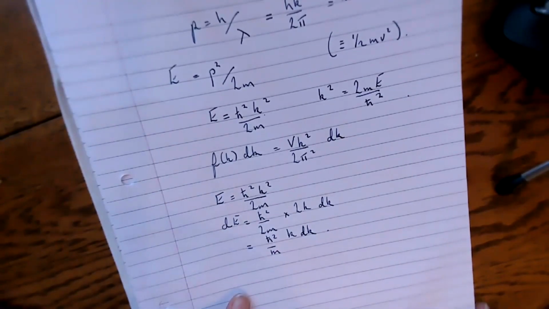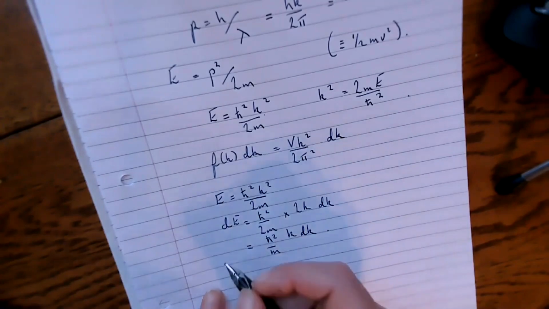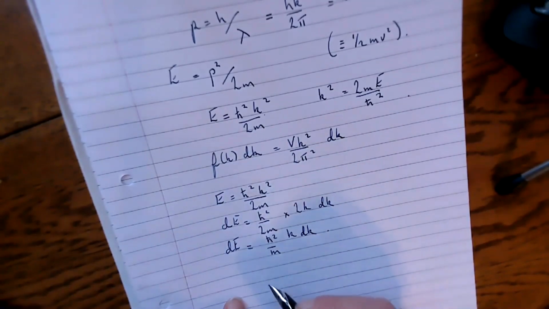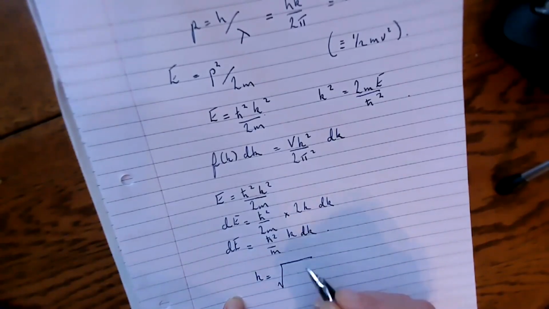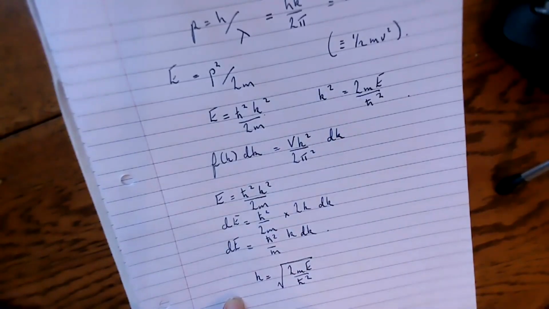Fine. Now we need to substitute for this k here to get rid of it. So k is the square root of 2mE over h bar squared. So I can now substitute this in.